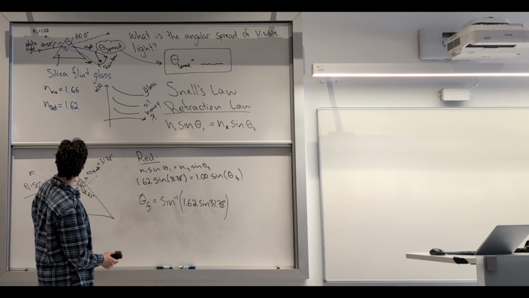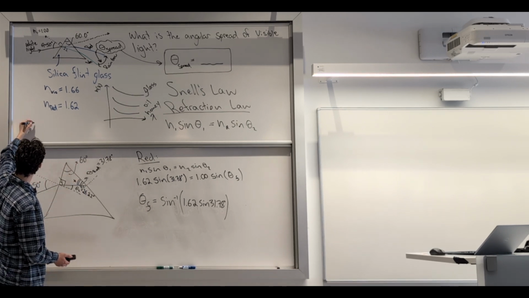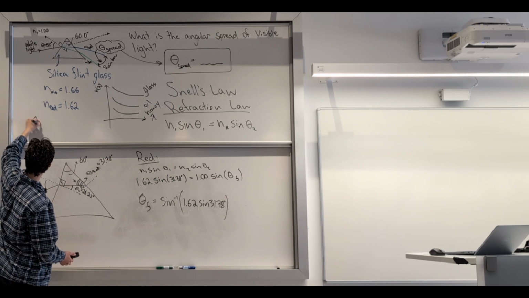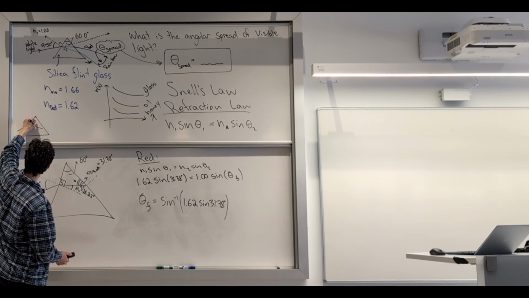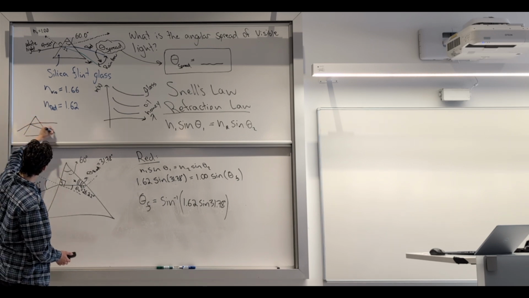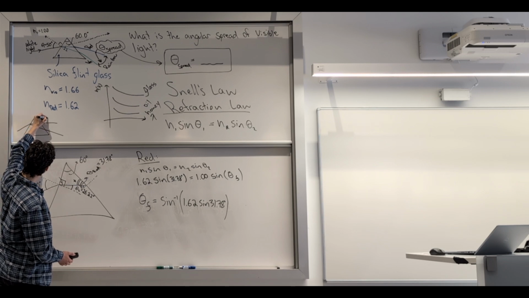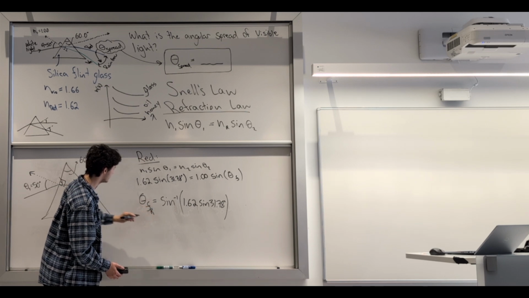And theta final is important, and maybe I will do a small prism here. So I have this light ray here. It is splitting into these two light rays. And I just found that one of these angles, either this one or this one, is going to be theta final for the red.